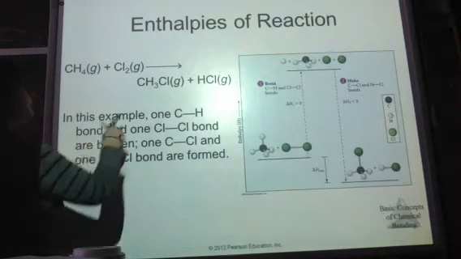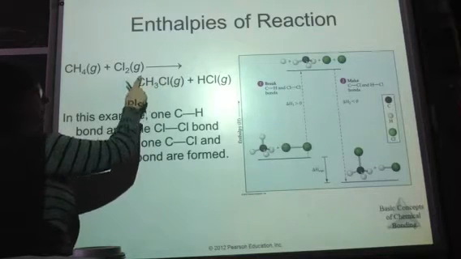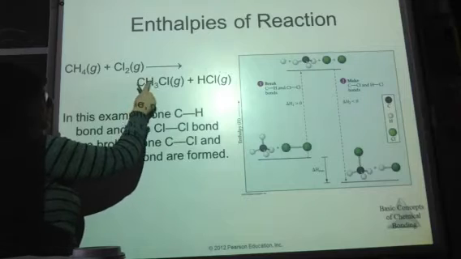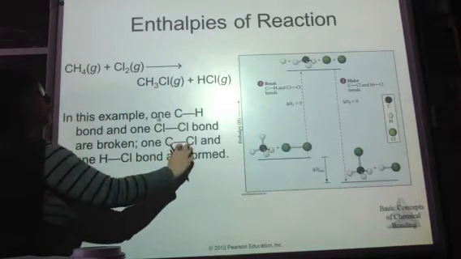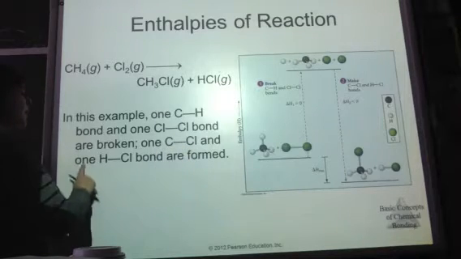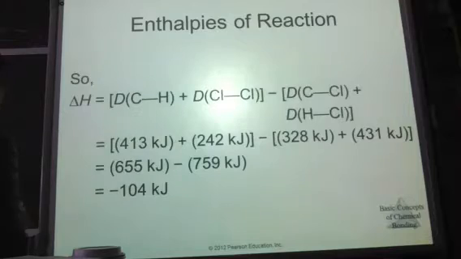What we formed was a carbon-chlorine bond, because I'm going to have the 3 hydrogens around carbon, and then it has that extra place to take in one more, so it's going to take in chlorine. So we formed a carbon-chlorine bond, and then we also formed this HCl bond right here.